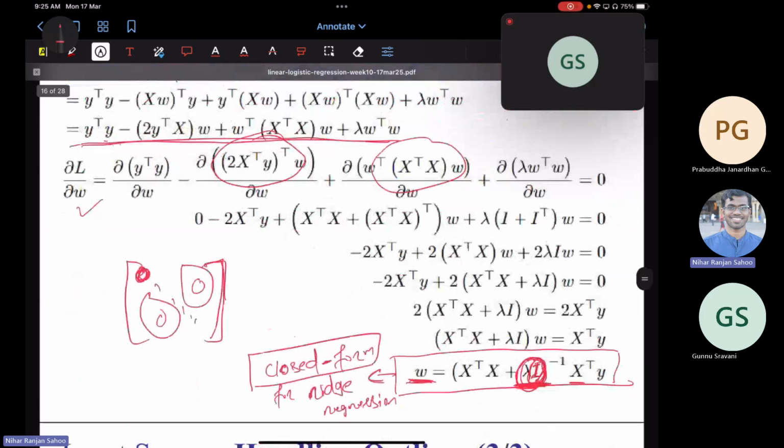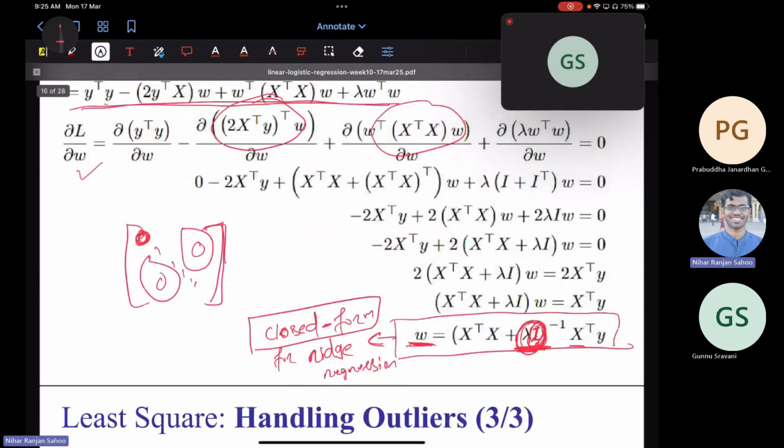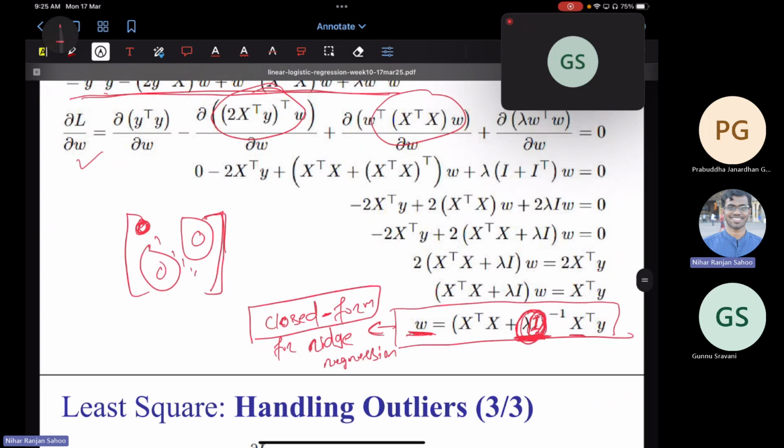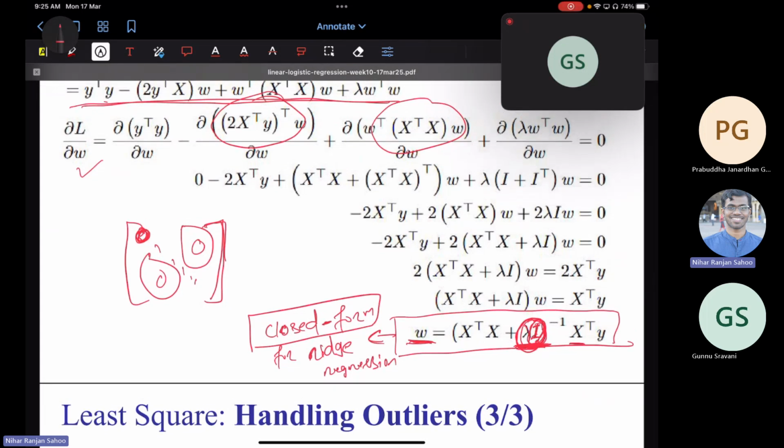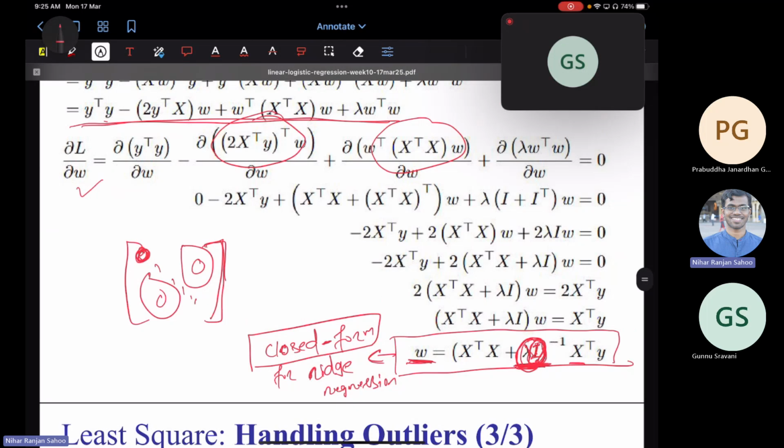Sorry, I said the opposite. If you have a lot of outliers, lambda has to be very high. If lambda is very high, the overall value will be very small.